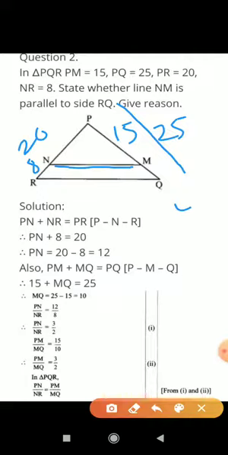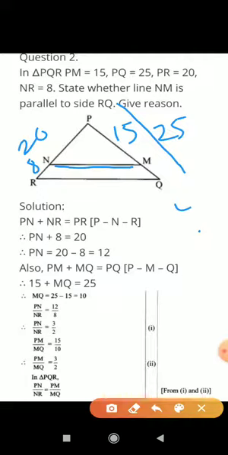Okay, but here it is not given, we have to find whether it is parallel or not. So it is based on the converse of the basic proportionality theorem. So here we have to find a ratio, and if the ratio is equal, then we can say this line is parallel to side RQ.